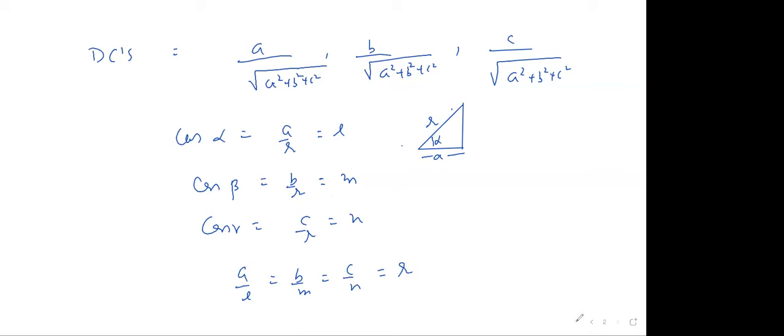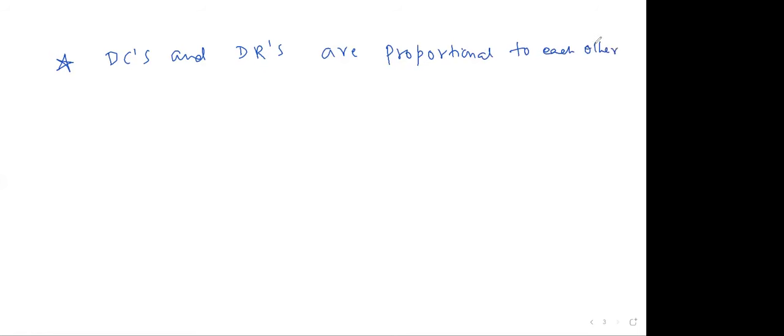So we can conclude that direction cosines, DCs, and direction ratios, DRs, are proportional to each other. This is the important relation that has to be noted down.